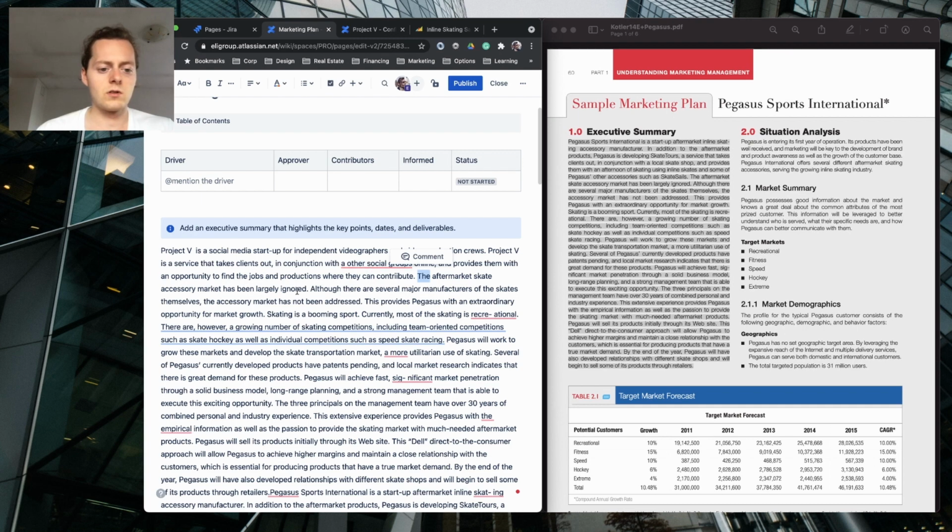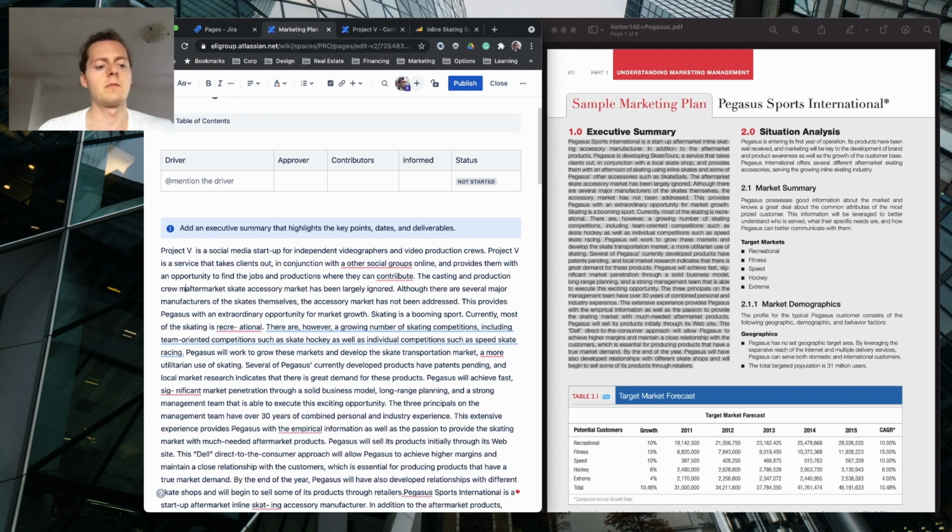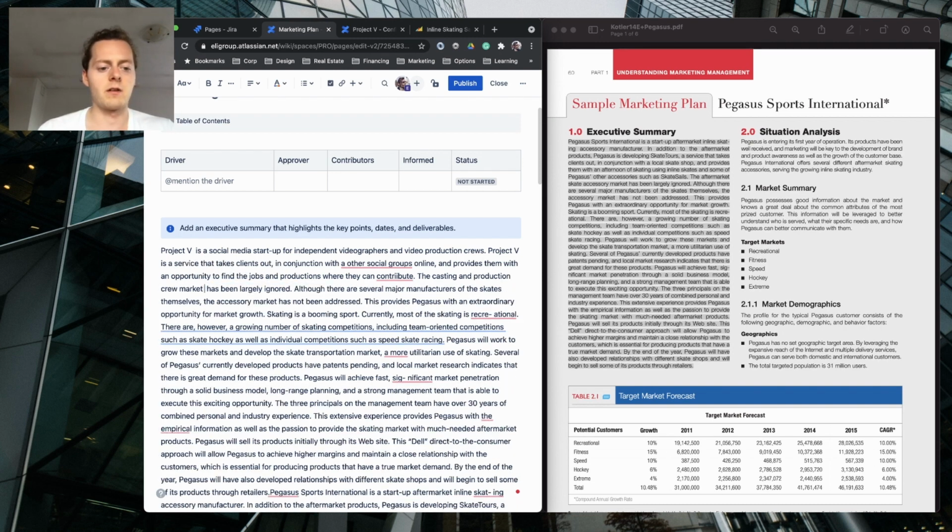So yeah, it seems that the casting and production crew market has been largely ignored, although there are several major players of the casting calls themselves. The market has not been addressed. This provides Project V with an extraordinary opportunity for the market growth.